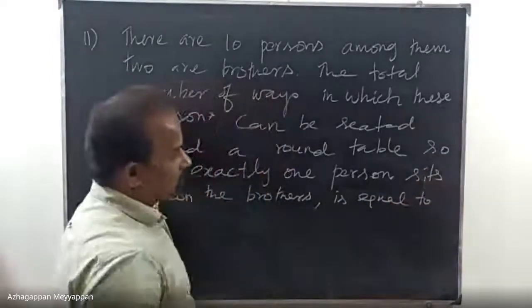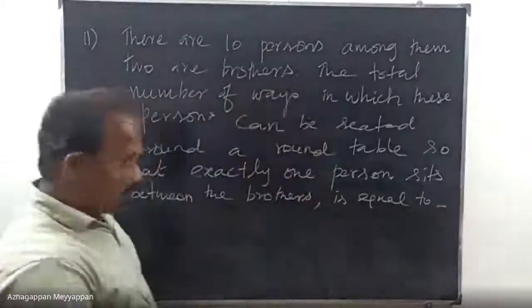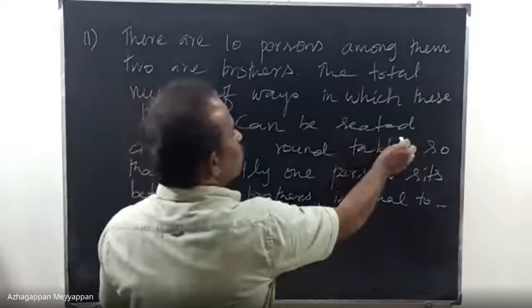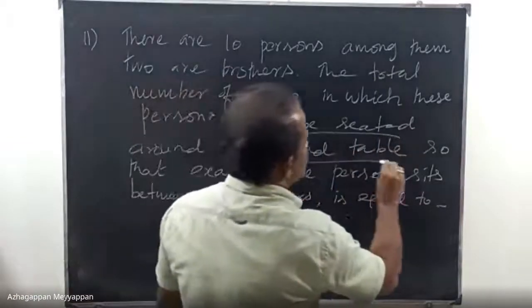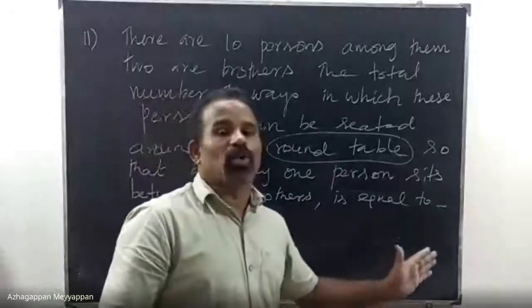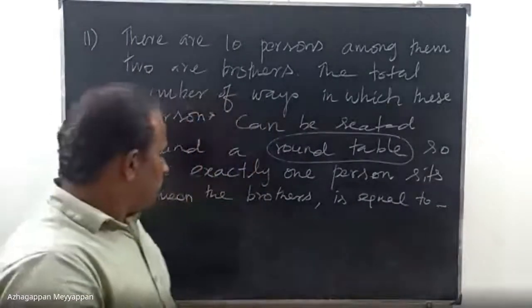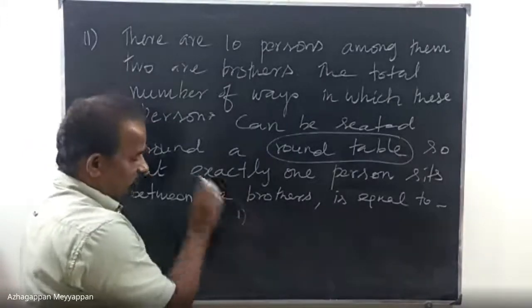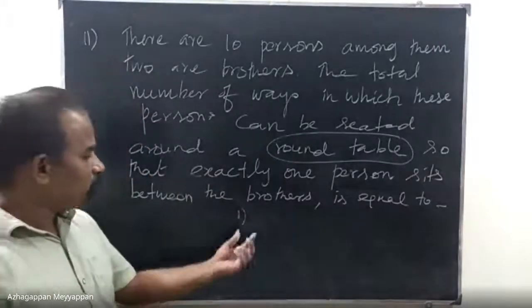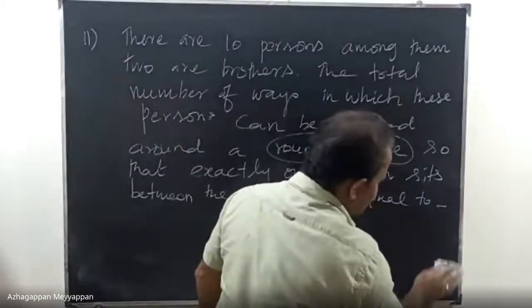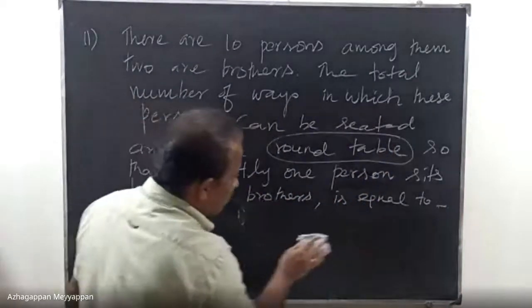Okay. So here the most important thing is round table. So far we have seen the number of persons sitting in a row. Three things I am going to say here. Number one is n number of persons sitting in a row.